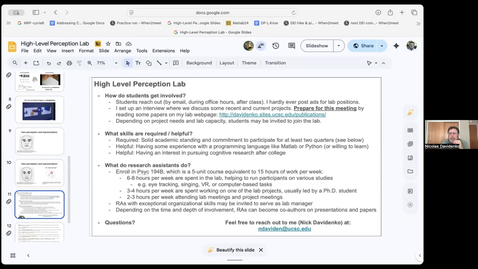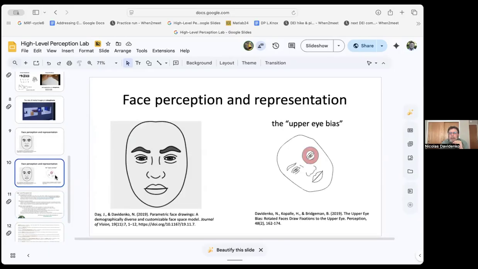I see. And the next question is about the upper eye bias, and if it is influenced by luminance distribution, by lighting conditions. That is a good question, and it probably is, but we haven't tested that.